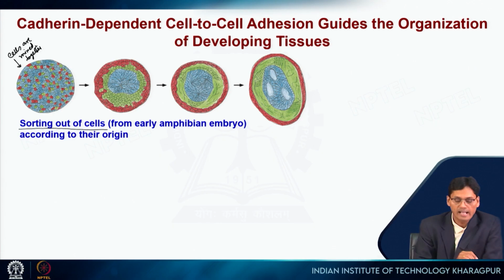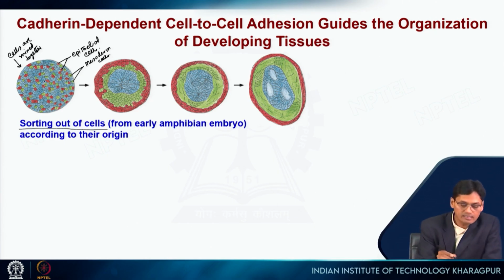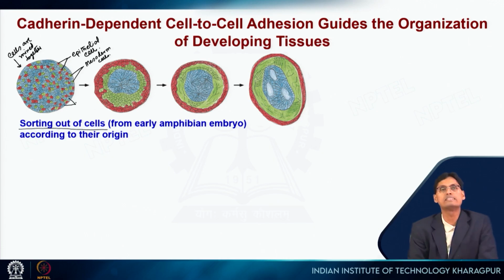Here, as you can see, these red cells are epithelial cells. And these green cells are mesoderm cells, and these blue cells, many blue cells are present here, right?